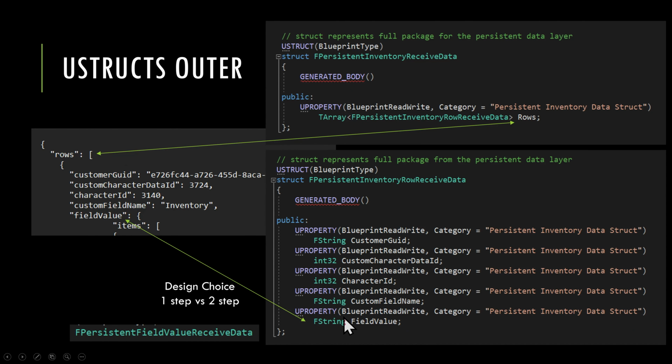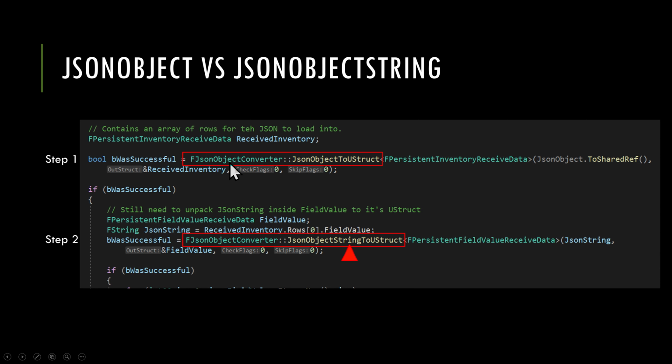So the JSON converter, the FJsonObjectConverter class, provides a couple of different ways to convert JSON to, largely, structs. In this case, as I said, we're doing 2 steps.